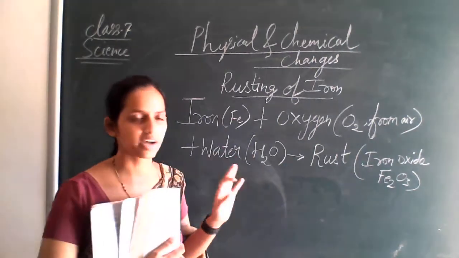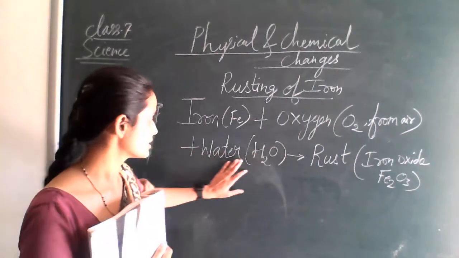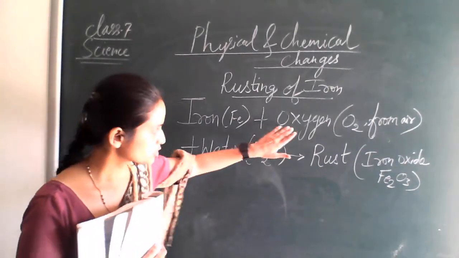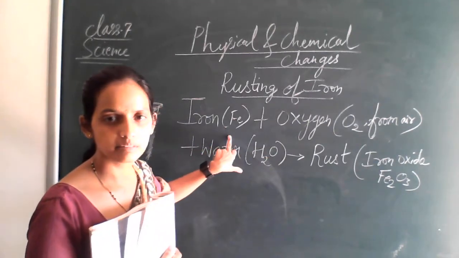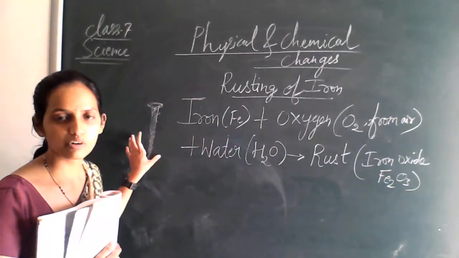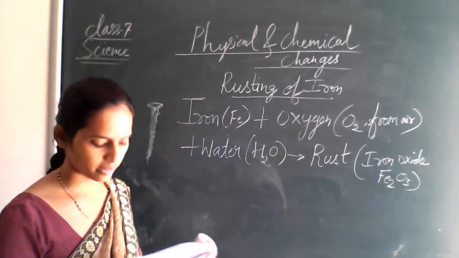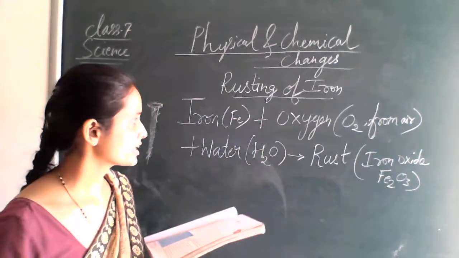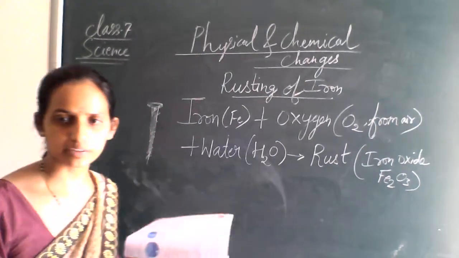For rusting, the presence of both oxygen and water is essential. So rusting of iron will take place only in the presence of oxygen and water. Because of oxygen and water, your iron, taking the example of a nail, will rust or get damaged. So oxygen and water are very essential for rusting of iron.